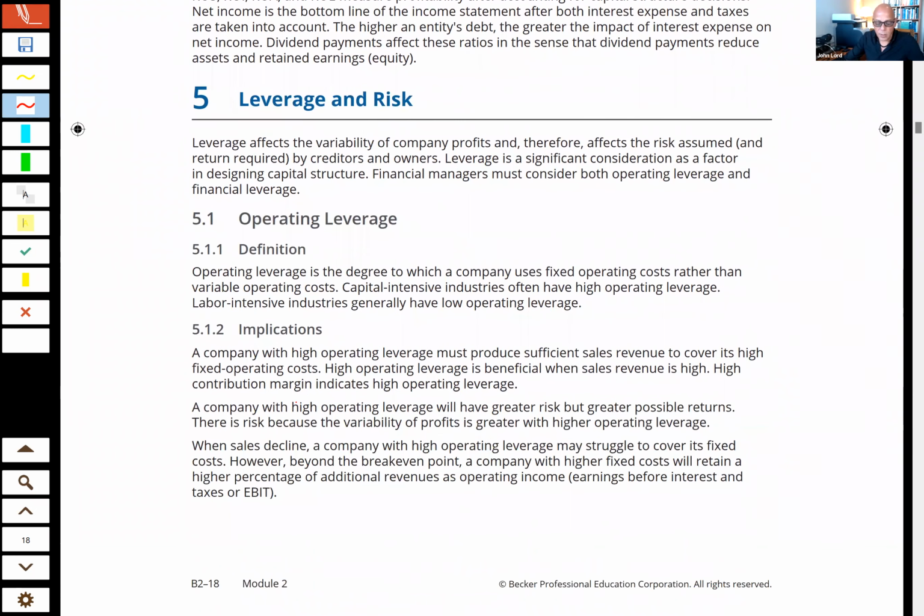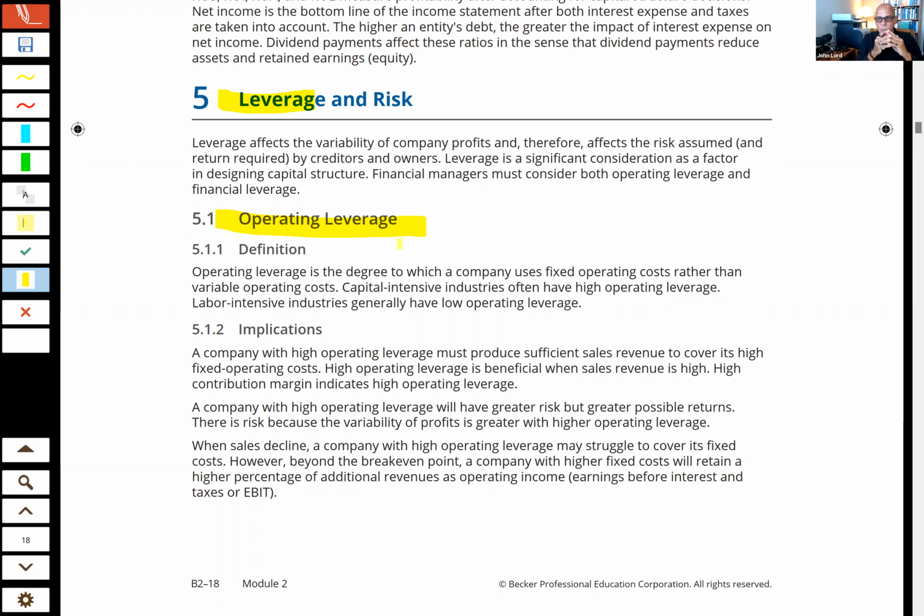Now let's talk about leverage, and we're going to talk about 2 different types of leverage here. We're going to talk about our operating leverage, and then we're going to talk about our financial leverage. First, operating leverage. We're going to look at what the text says in a second.